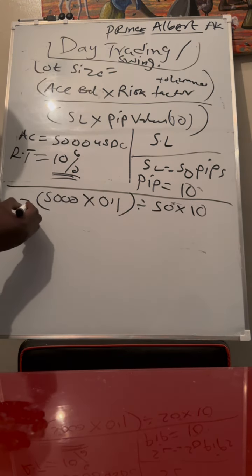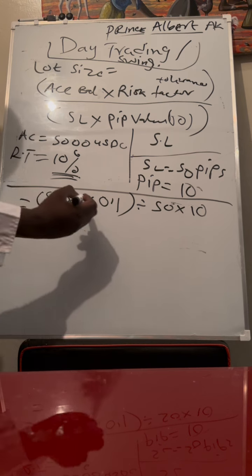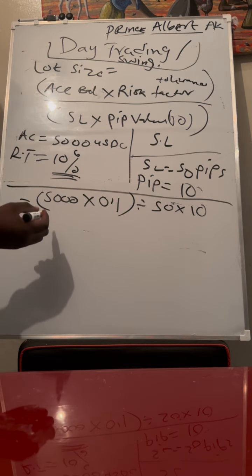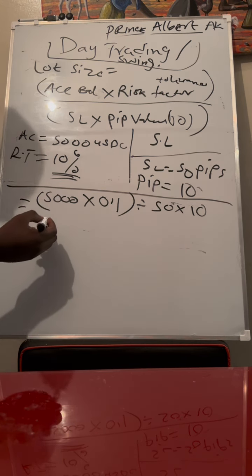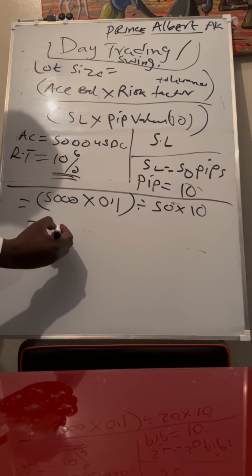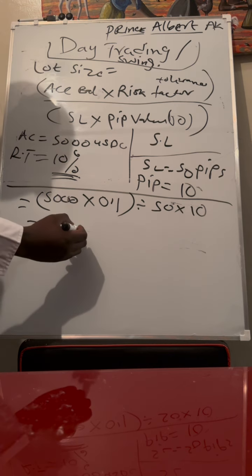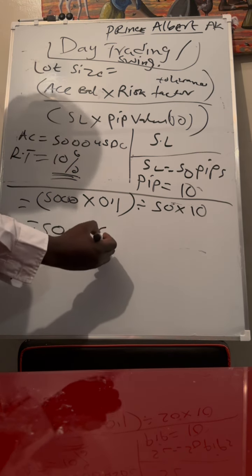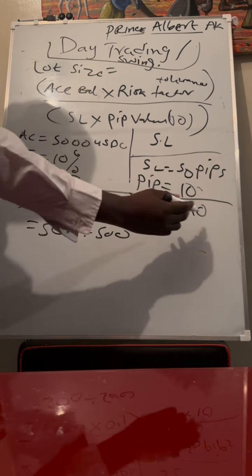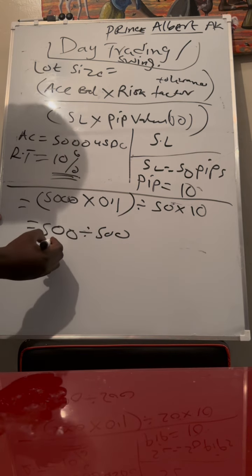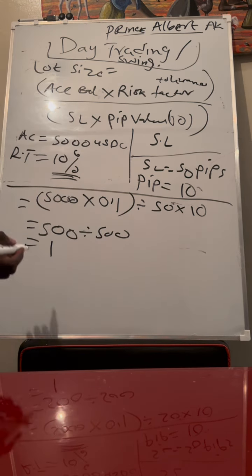So simplify the equation. 5,000 multiplied by 0.1 equals 500, divided by 500, that is 50 times 10. This becomes 1. 500 divided by 500 equals 1.